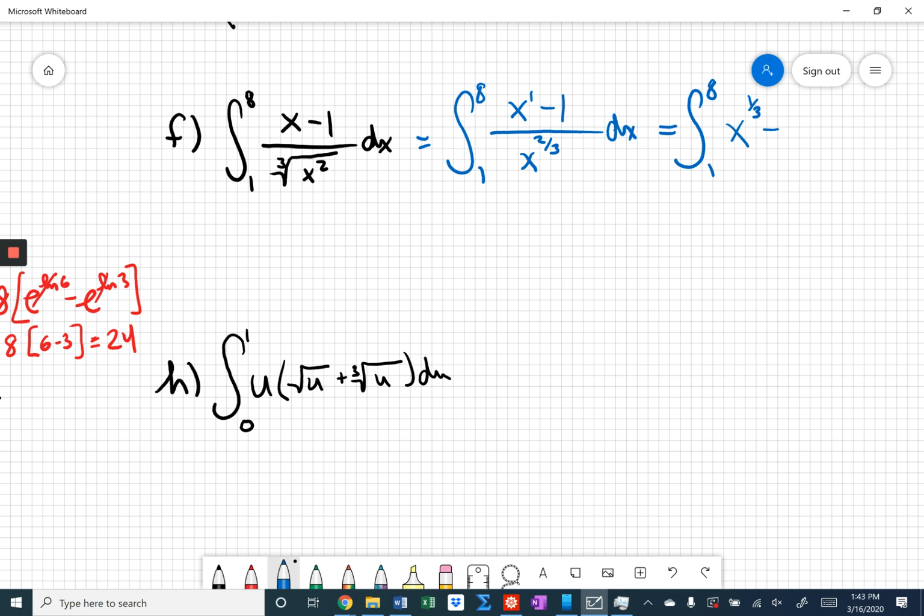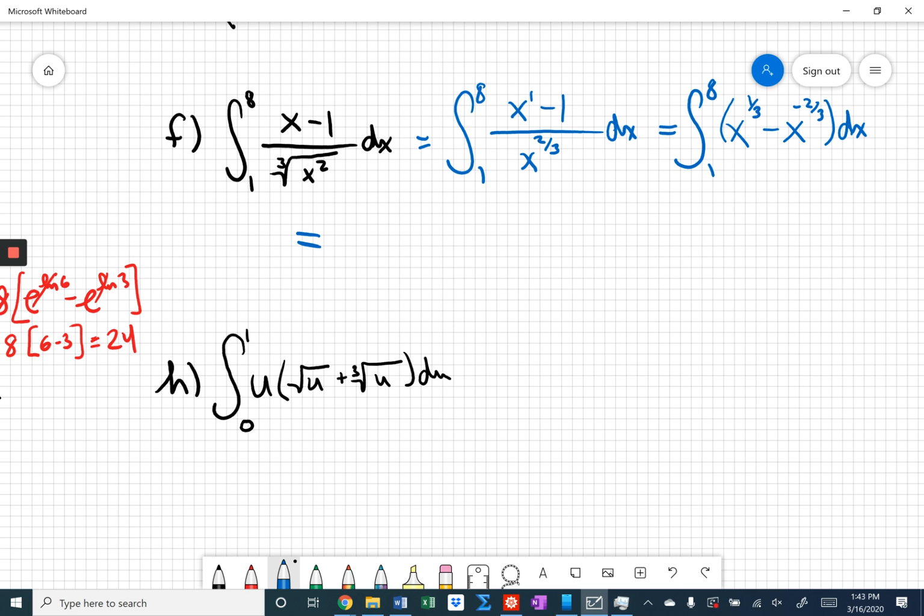Minus, and then this is just going to be 1 over x to the 2/3, or x to the negative 2/3, and then all with respect to x. And so when we go to work out the antiderivative of this, we'll add 1 to the exponent. So 1/3 plus 1 is going to be 1 1/3, or 4/3.